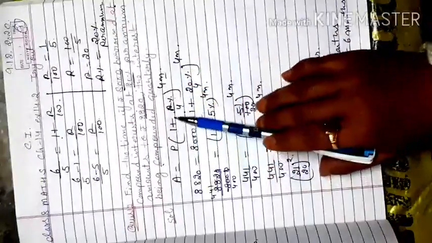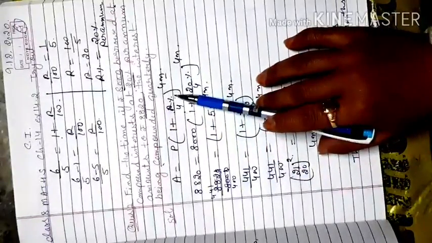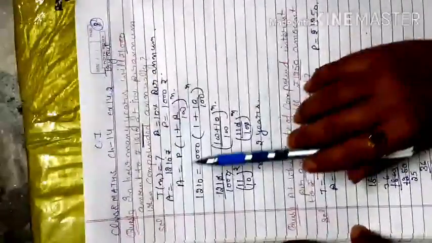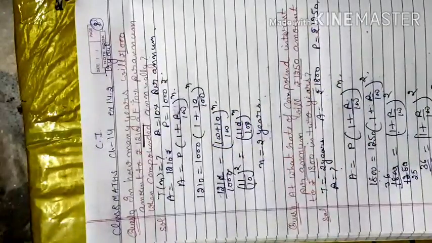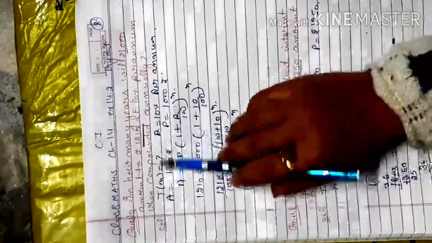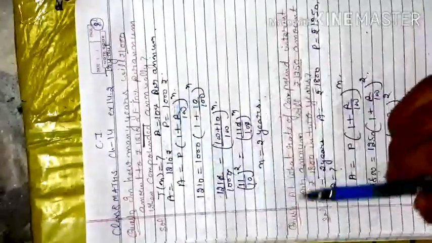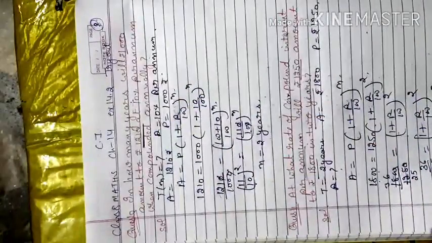So that will be your compounded quarterly and compounded half yearly formula. And for compounded annually, you use the common formula, A = P(1 + r/100)^n, for finding the missing value. So in your question, whether it is compounded annually, half yearly, or quarterly, it matters.